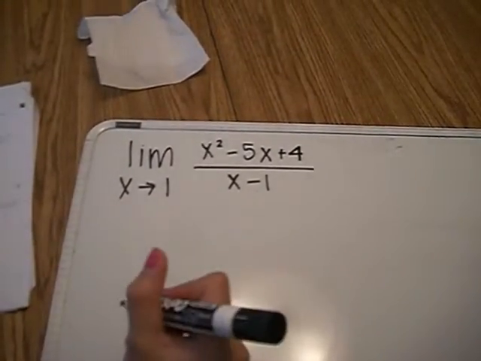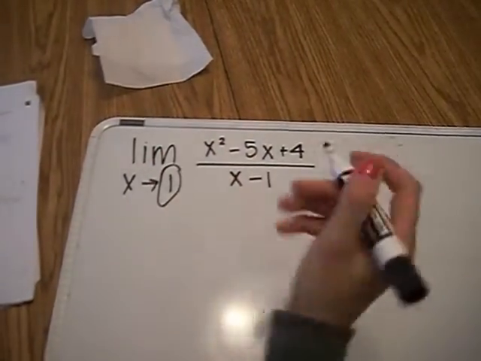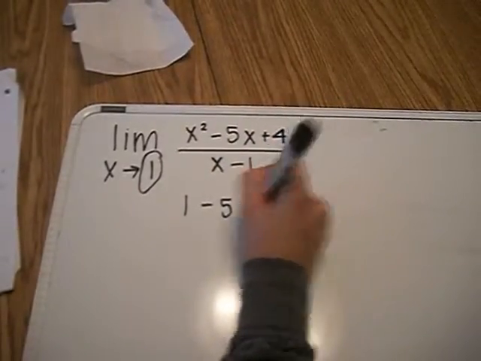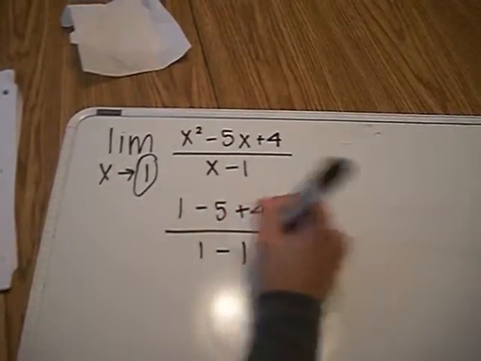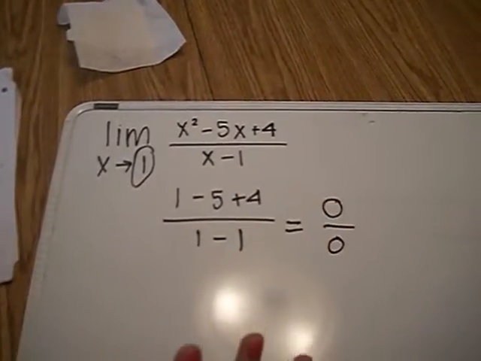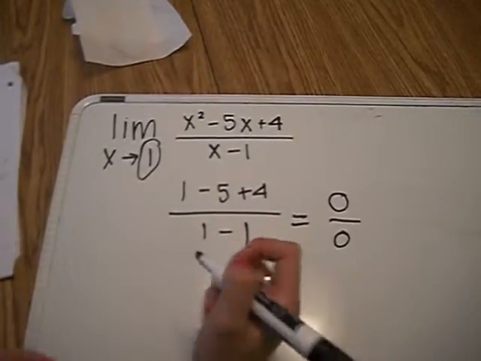For the second warm-up problem, we see that x approaches a number, which is 1. When you plug in the number, it's 1 minus 5 plus 4 all over 1 minus 1. This gives you 0 over 0, which means it is indeterminate. So then you have to go ahead and factor it.